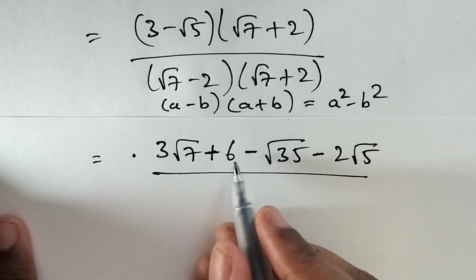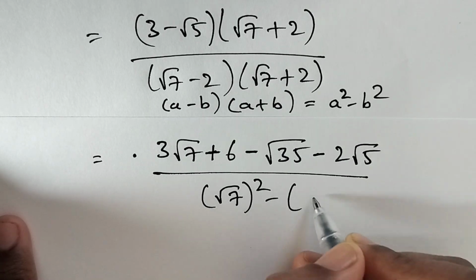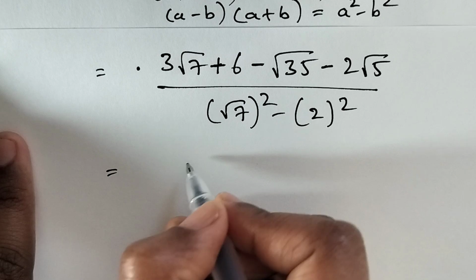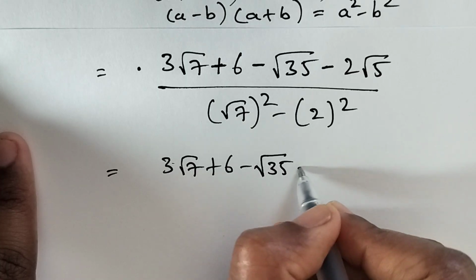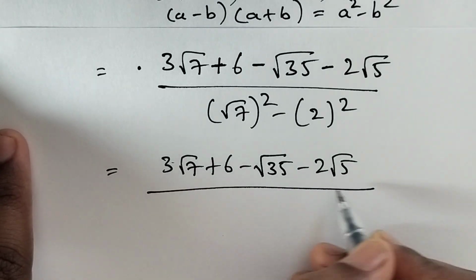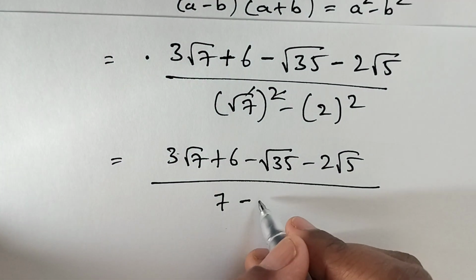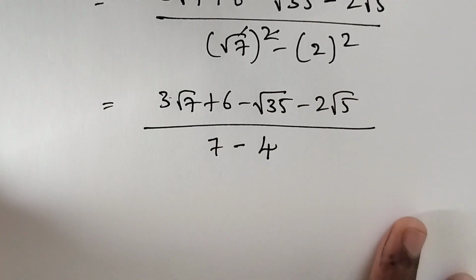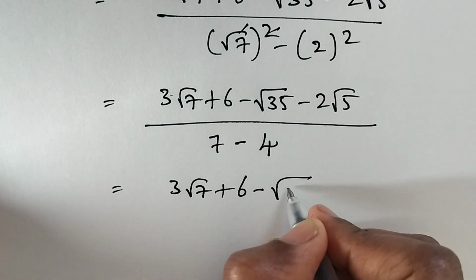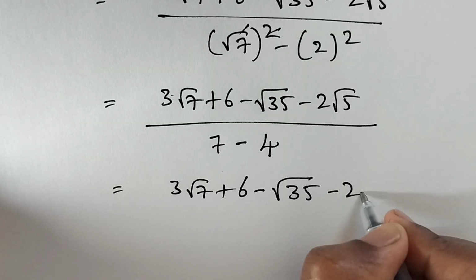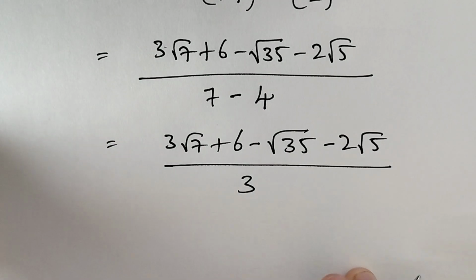So we write the a value as the square root of 7 whole squared minus the b value, 2, whole squared. So we have 3 square root of 7 plus 6 minus the square root of 35 minus 2 square root of 5, divided by 7 minus 4, since the square root gets cancelled and 2 squared is 4. So 7 minus 4 is equal to 3. So this is the final answer.